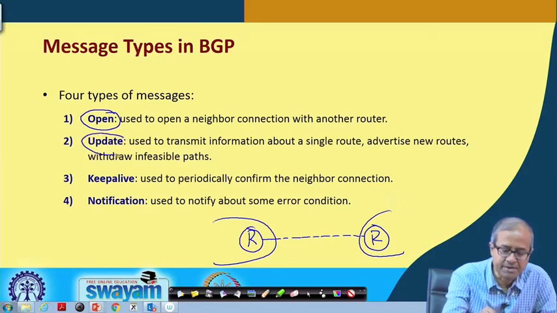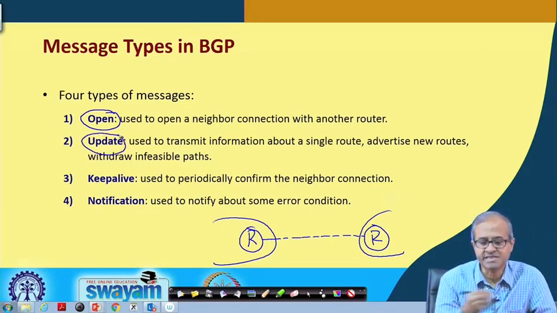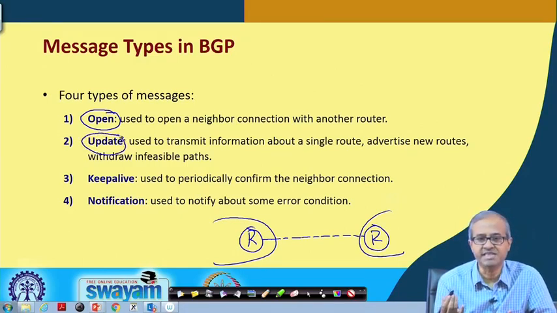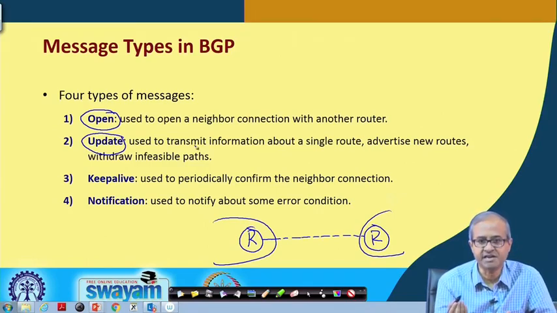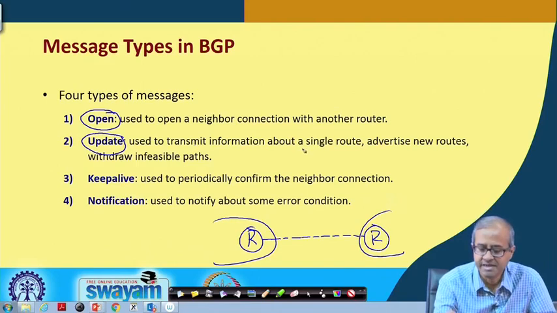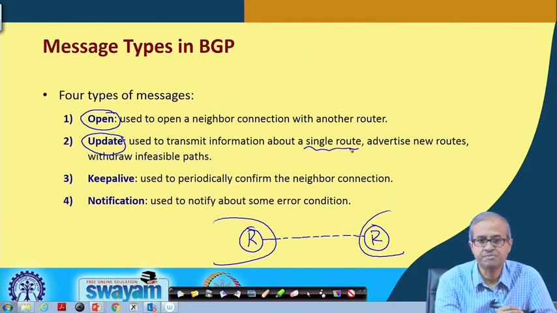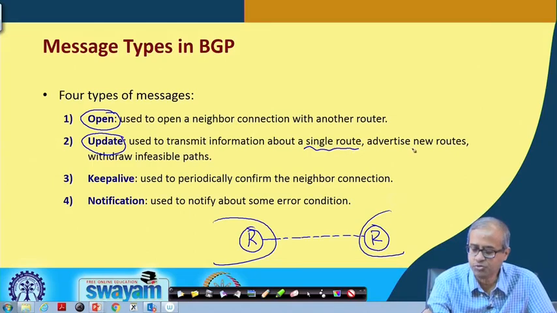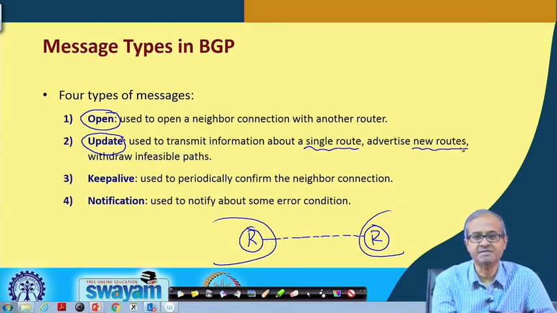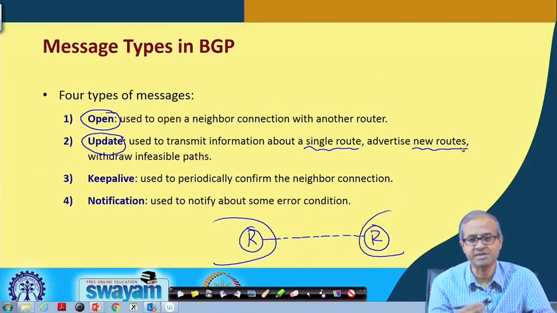This update, as the name implies, sends information about changing routes. So, they can transmit various kinds of information, like about a single route, the route changes, some link goes down, some link comes up. Some new routes which are created, maybe a new link is established, some new router connections have been established.